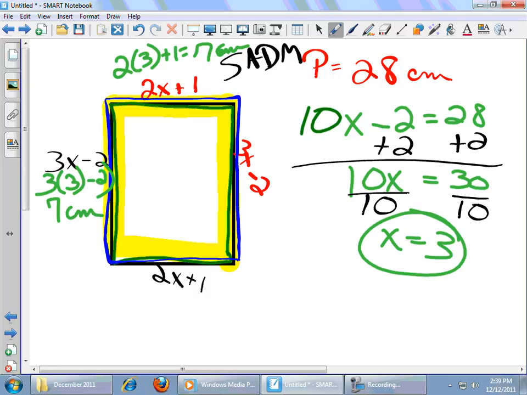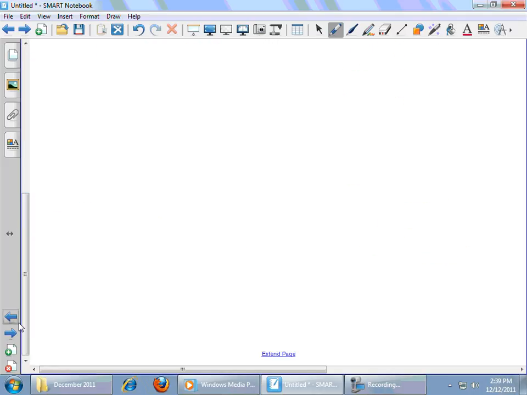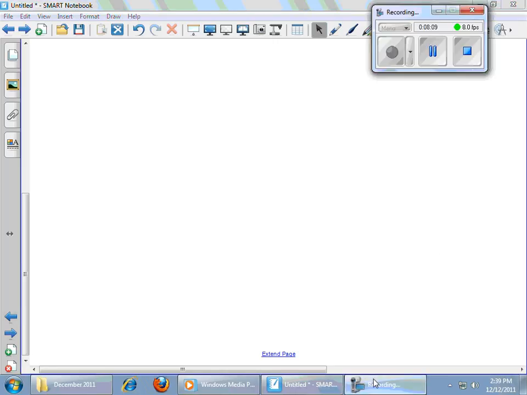What a coinkydink. I actually end up with a square. How do I know it's a square? Because both sides are 7 centimeters long. All right, I was told it was a rectangle, which is true because a square is a very special type of rectangle.